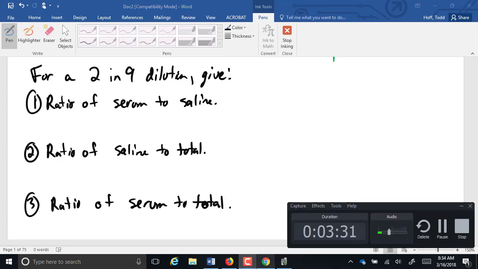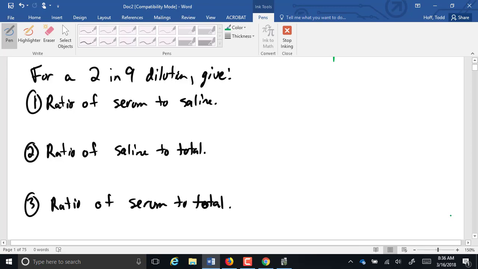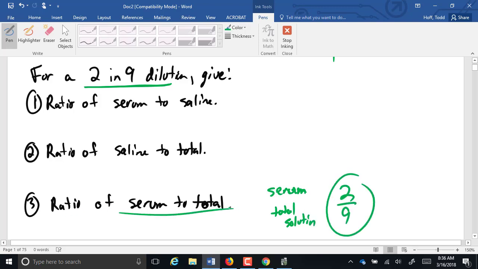So I'll give you guys a minute. Let's take a peek at this one. So a 2 in 9 dilution. The dilution is always serum over the total solution. So the 2 in 9 is the third one, the serum to total. So then the ratio of serum to saline, there's still 2 parts serum.